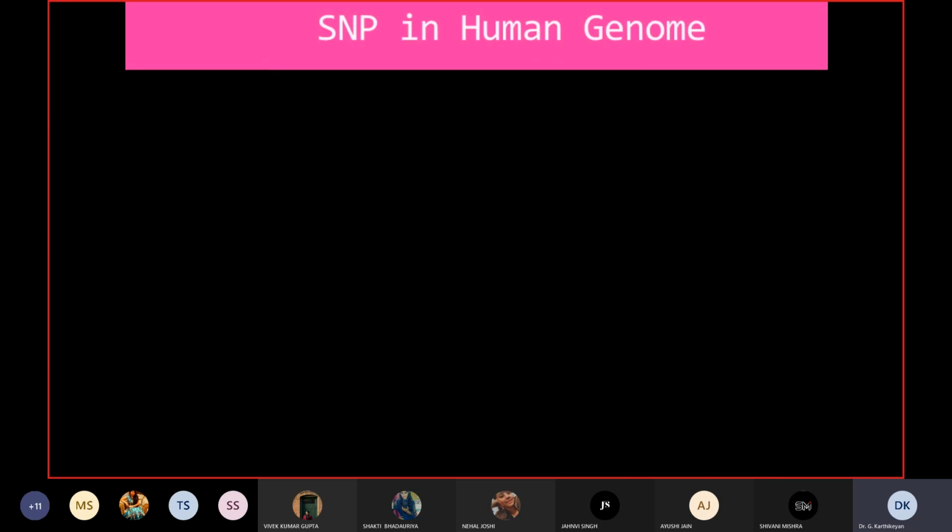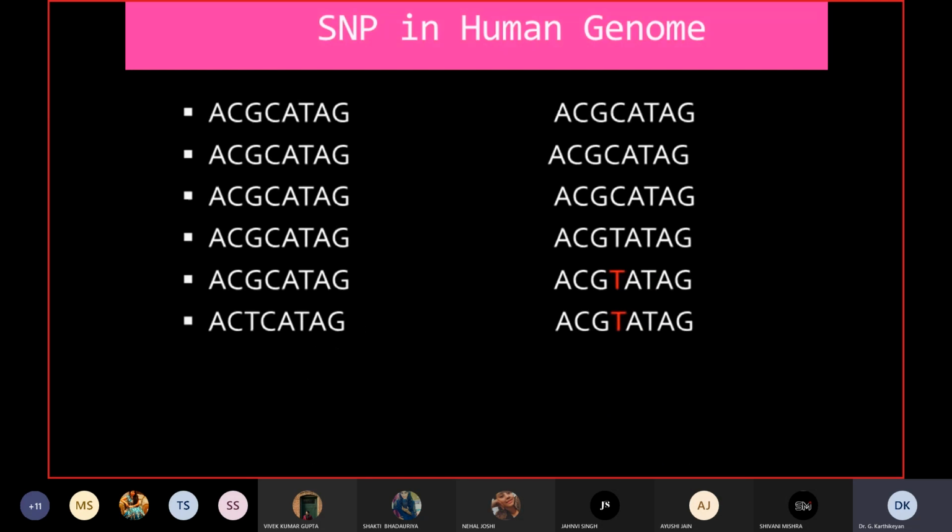Similarly, in the human genome, single nucleotide polymorphisms are the most common type of genetic variation, and represent a difference in a single DNA building block called a nucleotide.